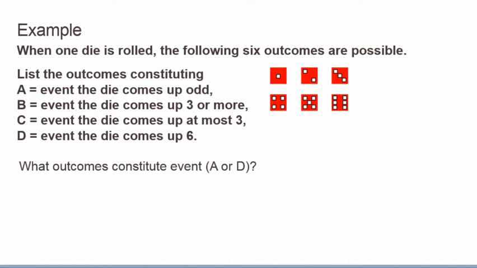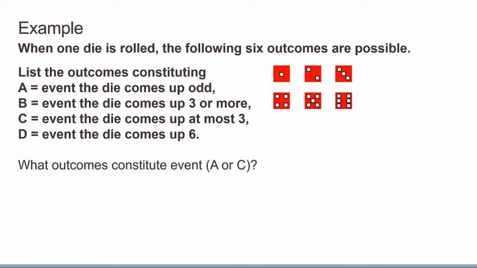Continuing, what outcomes constitute event A or D? Event A is the die comes up odd, so that's 1, 3, and 5. Event D is 6. Event A or D is 1, 3, 5, 6.